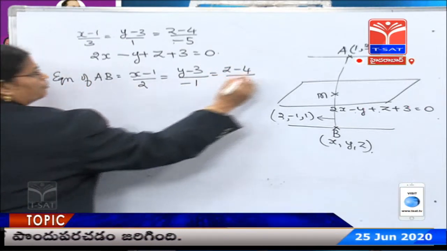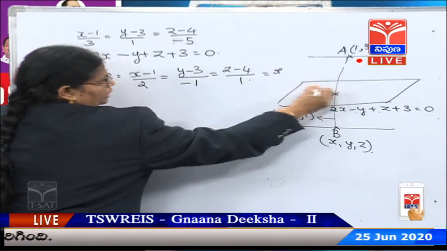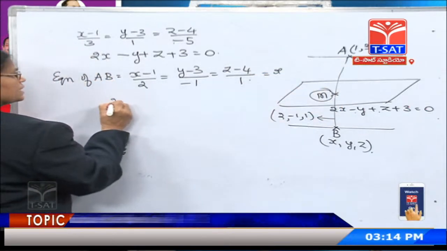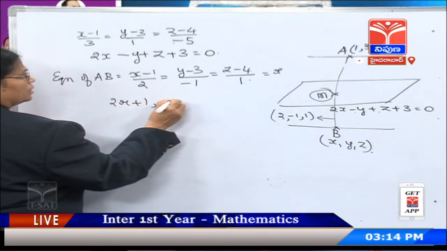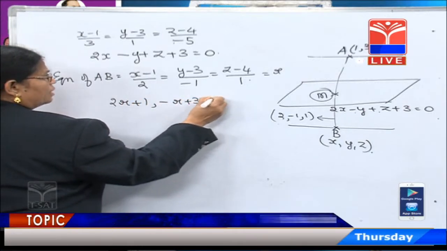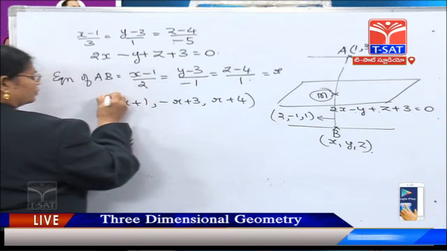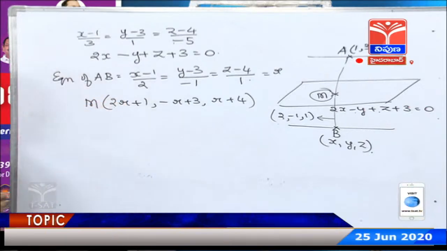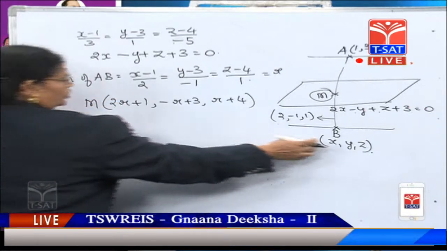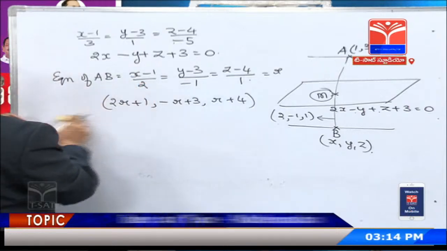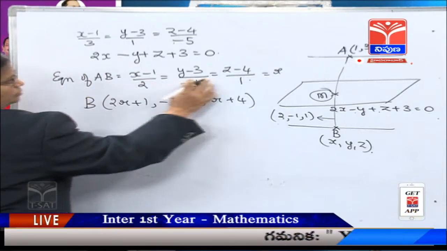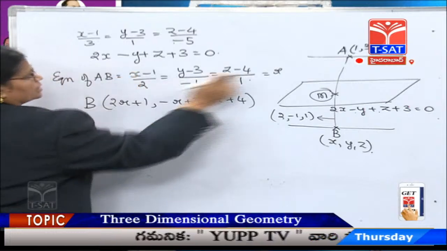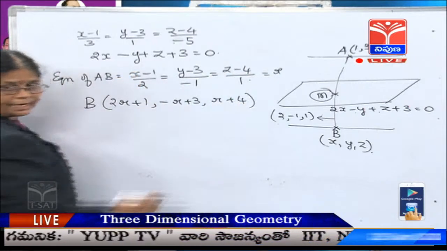Now write any point on this AB to get this B. This is (2r + 1, -r + 3, r + 4).